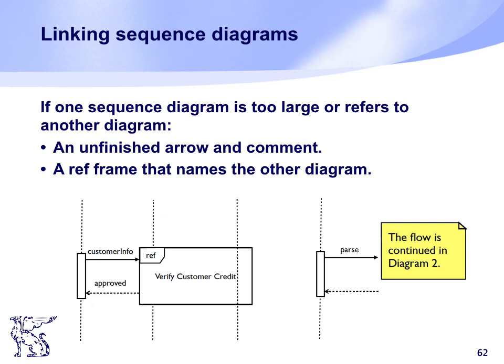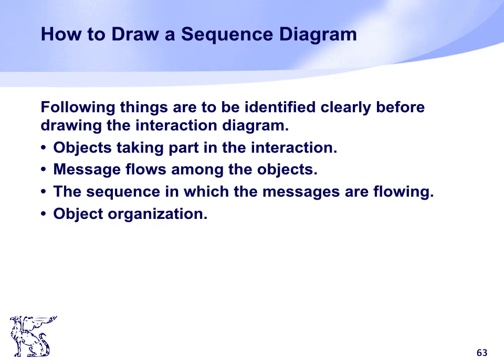When you choose sequence diagrams to draw, the first thing is to find out what is common among the scenarios, and then focus on that scenario and draw that sequence diagram. I have already told you how to draw a sequence diagram, what you should draw, and what you should focus on while drawing it.